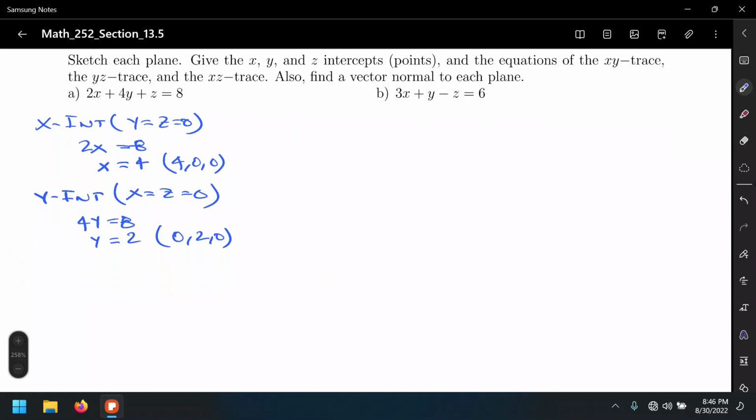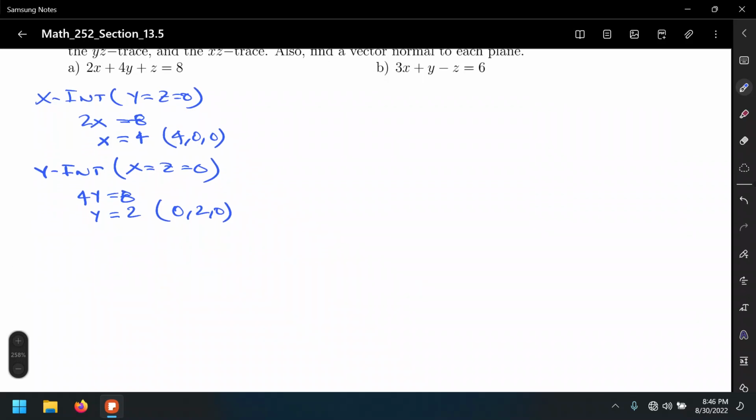And for the z-intercept, following the same pattern, we set the other 2 variables, x and y, equal to 0. That's simply z equals 8. No need to solve anything. That's the point 0, 0, 8. All right.